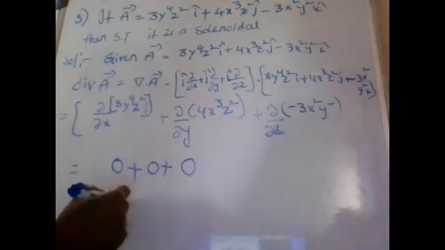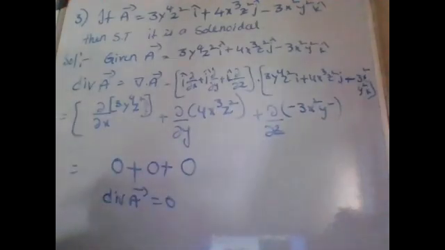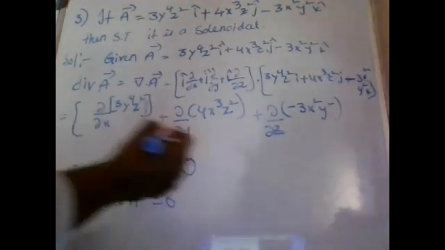So the divergence of A bar equals 0. Since del dot A bar equals 0, the given vector is a solenoidal vector.